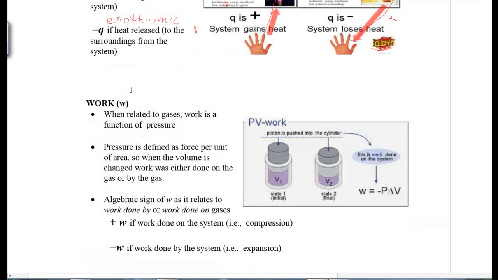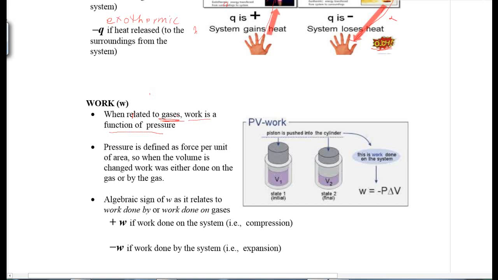Okay. The other element of the internal energy is work. If you're taking physics now, you've probably done a lot with work already. But when we're talking about chemistry, the work we're talking about is the work associated with gases, and it's a function of pressure.